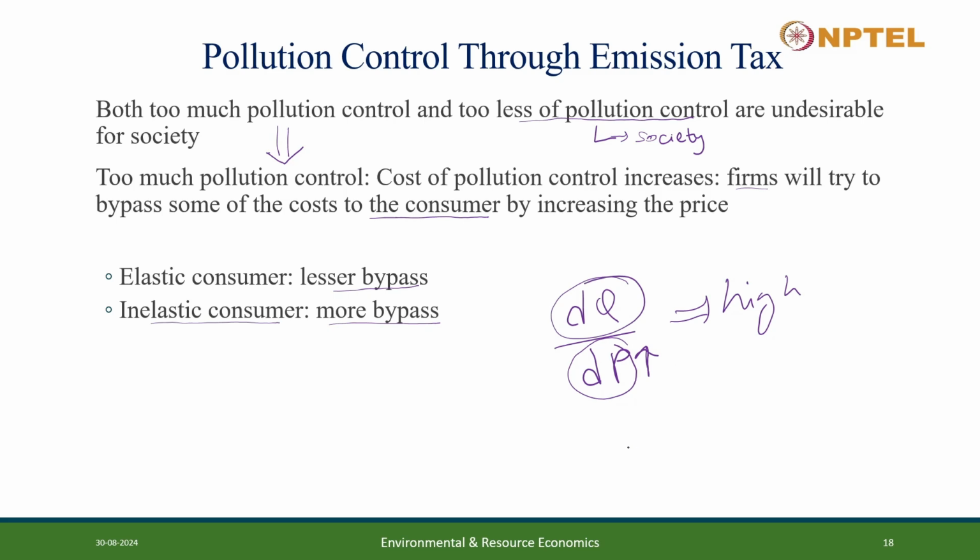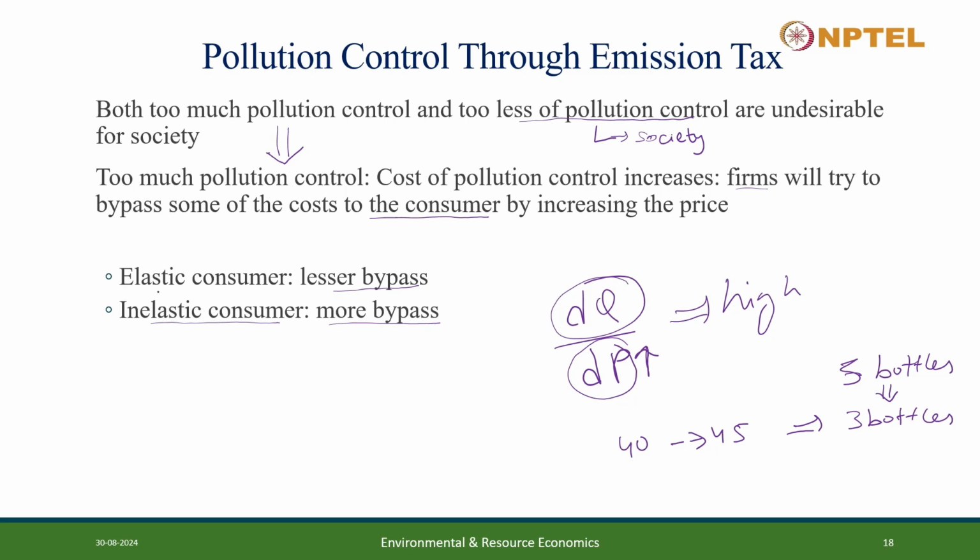So from 40 to 45 rupees, I increase the price. Then I will choose to drink only, let's say, 3 bottles. Initially, I am drinking 5 bottles. So my consumption is decreasing, right?